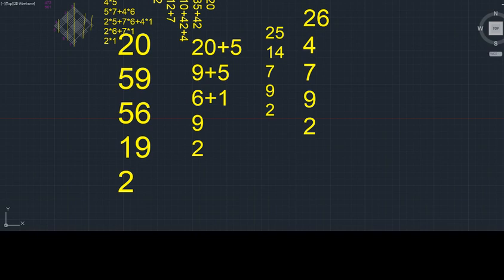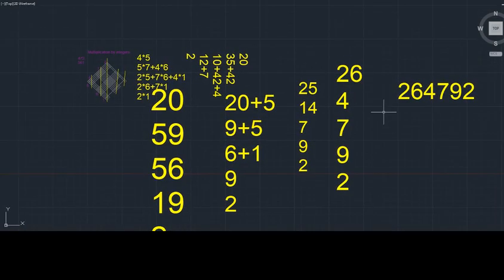And then if we were to put that together in a horizontal format, we get 264,792. This can be confirmed again by doing that manually, that multiplication of 472 and 561.